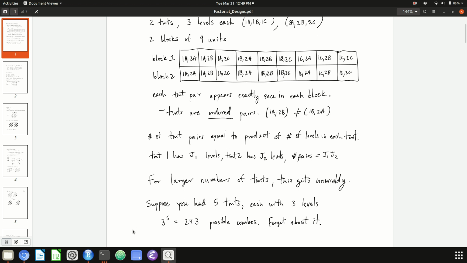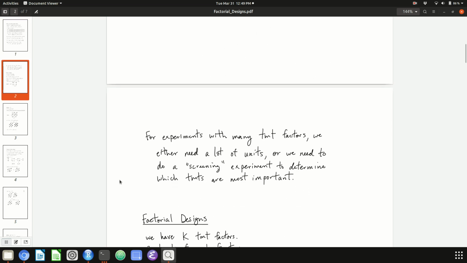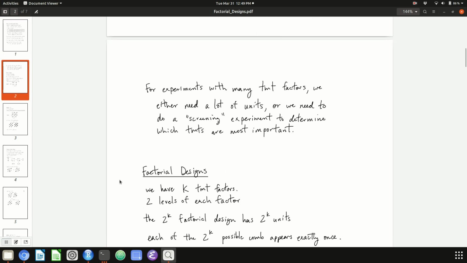So the example I give down here is if you had 5 treatments, each with 3 levels, there's 3 to the 5 possible combinations. And so for many situations, designed experiments, you can't run all those combinations even once. So in these situations, when there's many treatment factors, you either need a lot of units.